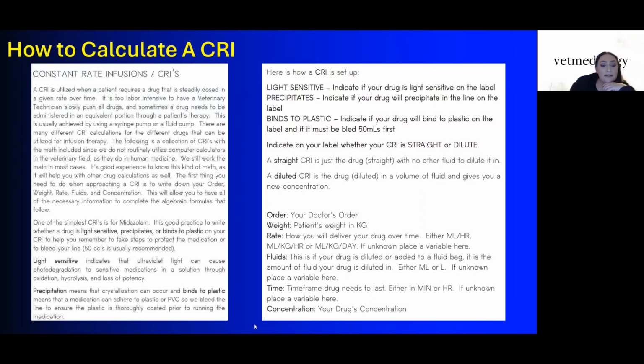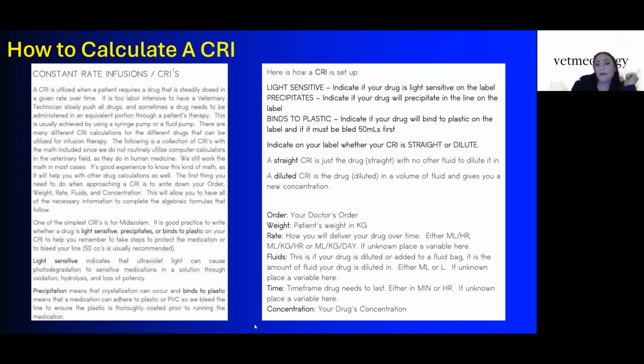Precipitation means that crystallization can occur. Binds to plastic means that a medication can adhere to plastic or PVC. So we bleed the line to ensure the plastic is thoroughly coated prior to running the medication.